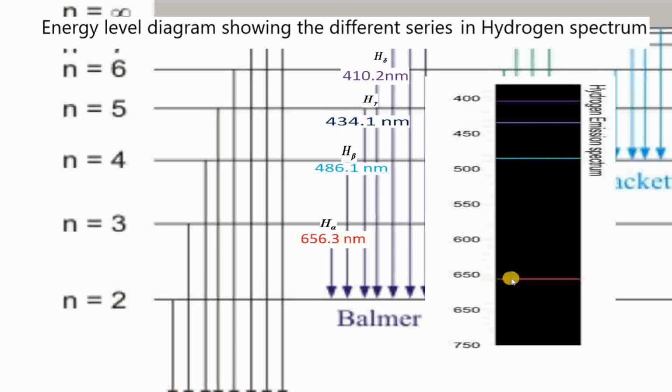You can match the colors here. This is H beta. This is nothing but blue green. And this is H gamma. The color is blue. And this is H delta. The color is violet. So this is the actual photograph of the hydrogen emission spectrum.